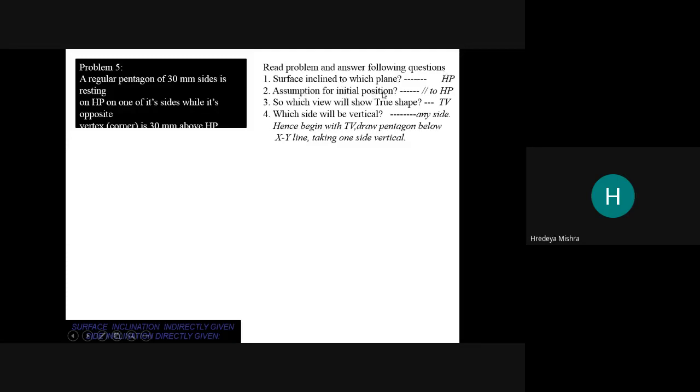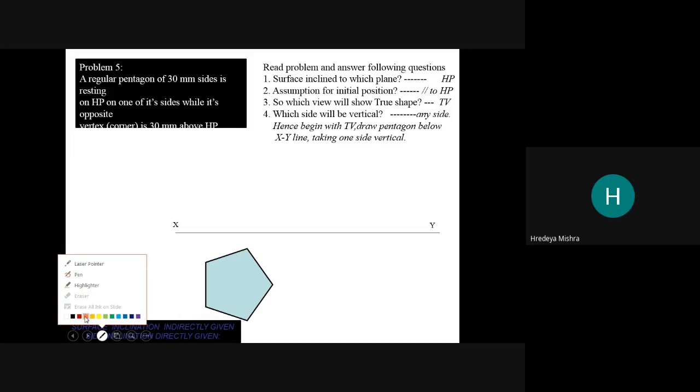Assumption of the initial position: the surface is parallel to the horizontal plane. So in which view will you get the true shape? We will get the true shape in the top view. Which side will be vertical? Any side can be vertical, there is no problem. Hence begin with the top view.